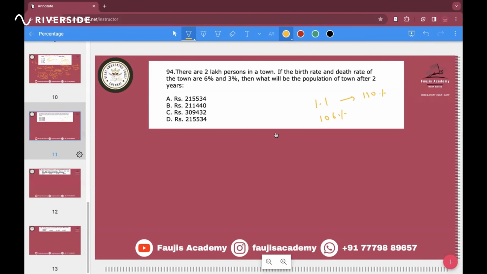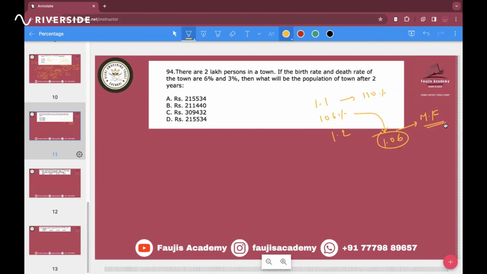Tell me, guys. 1.06. Absolutely. We'll write it as 1.06, isn't it? And this will be your multiplying factor. This is called multiplying factor.